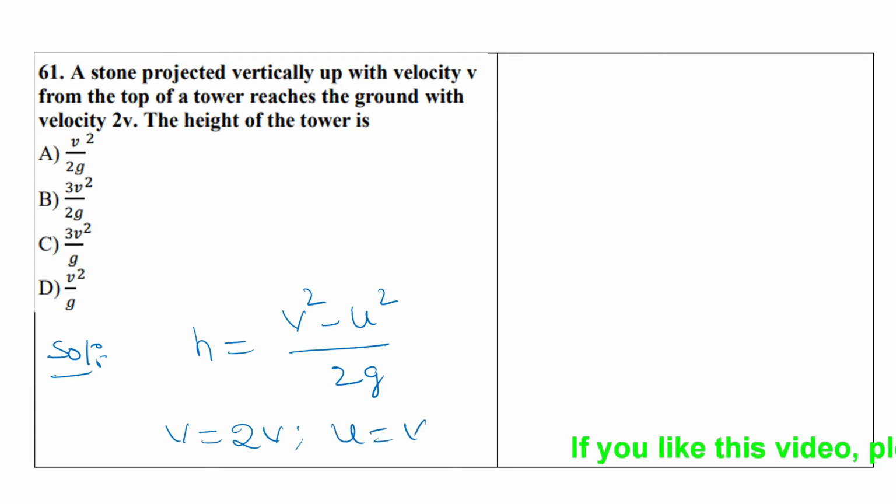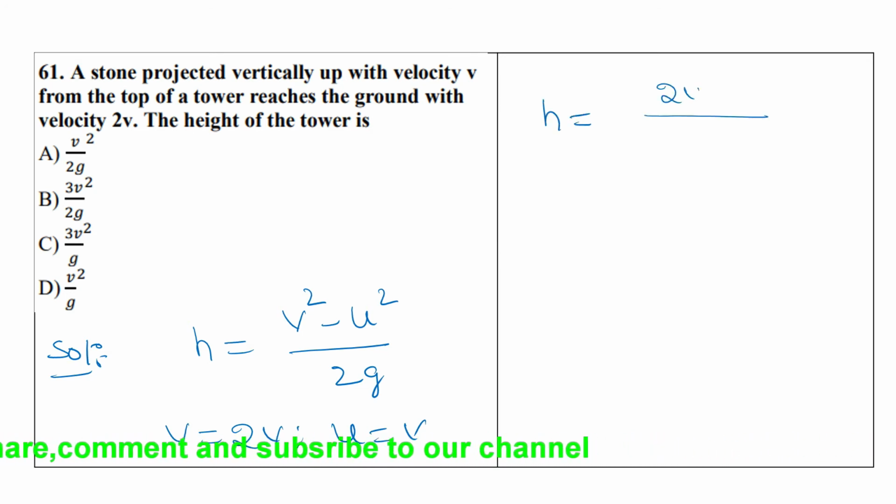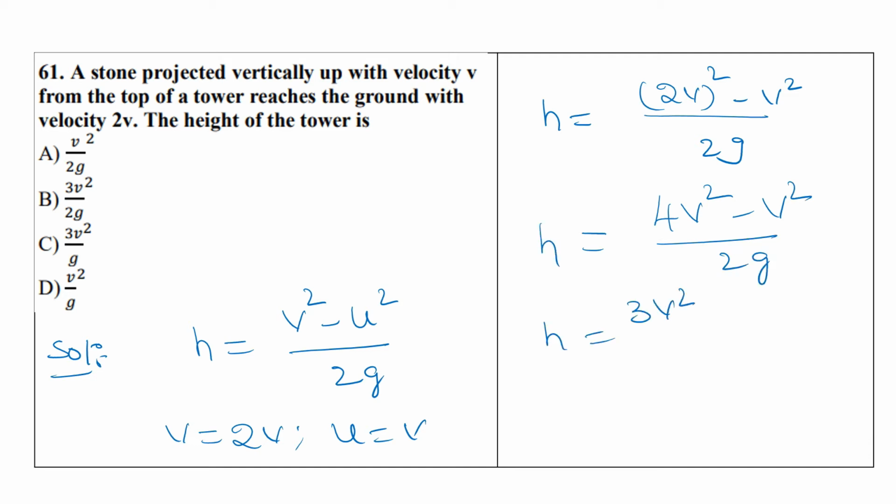So now substituting values, h equals (2v) squared minus v squared by 2g. (2v) squared is 4v squared, so 4v squared minus v squared by 2g. 4v squared minus v squared becomes 3v squared by 2g. So therefore h equals 3v squared by 2g. Okay.